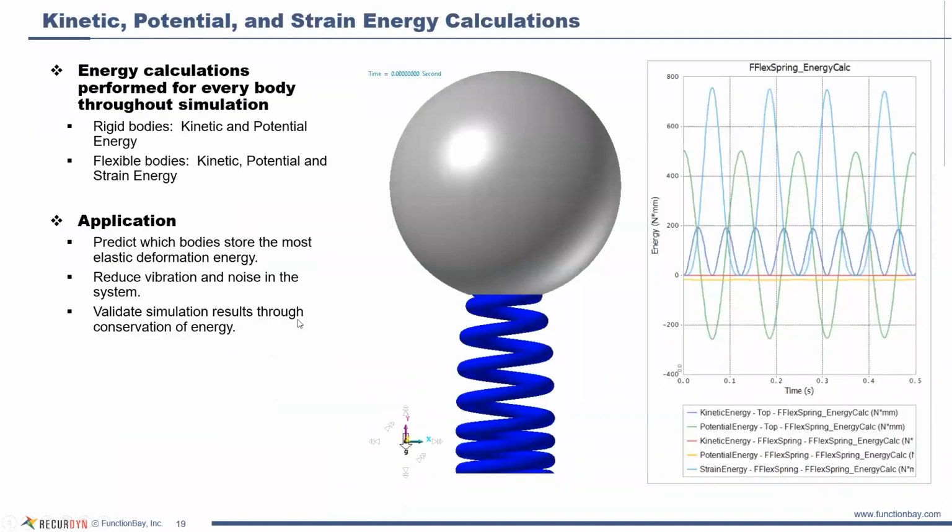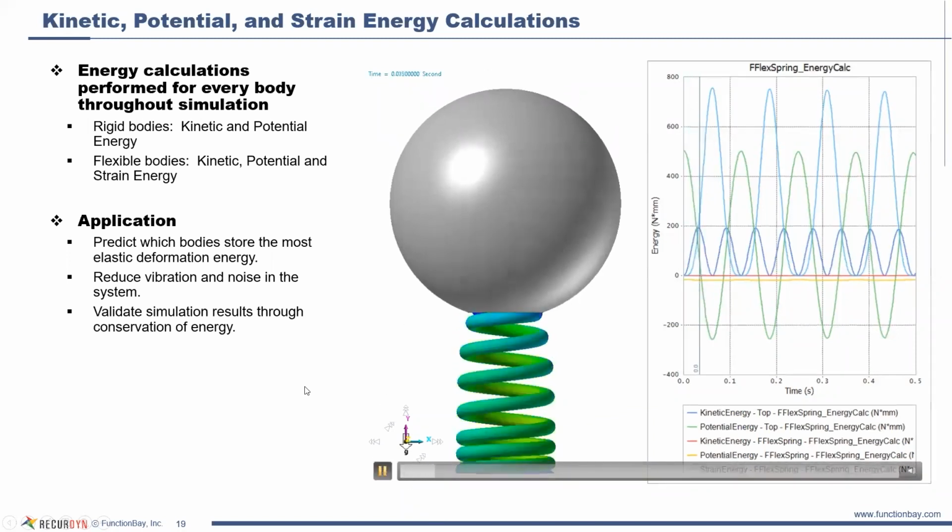The next enhancement is the addition of the calculations for kinetic, potential, and strain energy. For rigid bodies, kinetic and potential energy are available. And for flexible bodies, strain energy is also available. We can take a look at this example here.